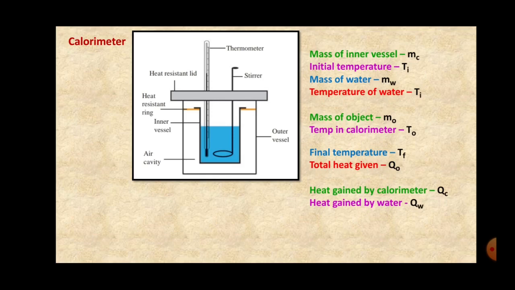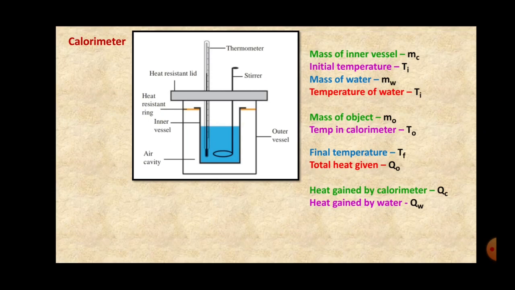Now, these are the symbols which are used for the different quantities. Mass of inner vessel is denoted by mc, initial temperature Ti, mass of water mw, temperature of water Ti, mass of object mo, temperature in calorimeter To, final temperature Tf, total heat given, that is Qo.